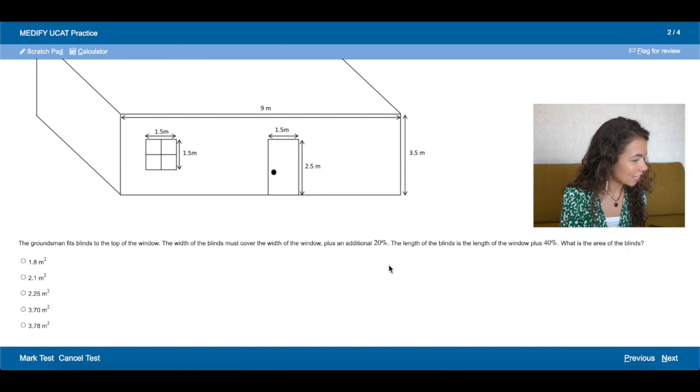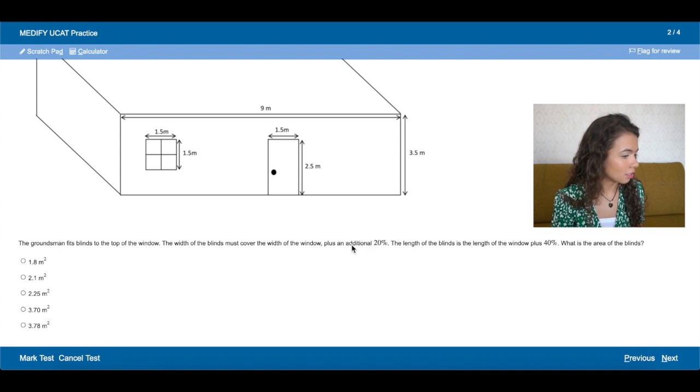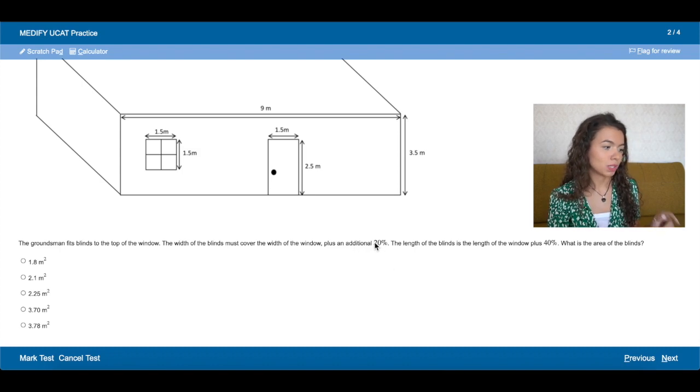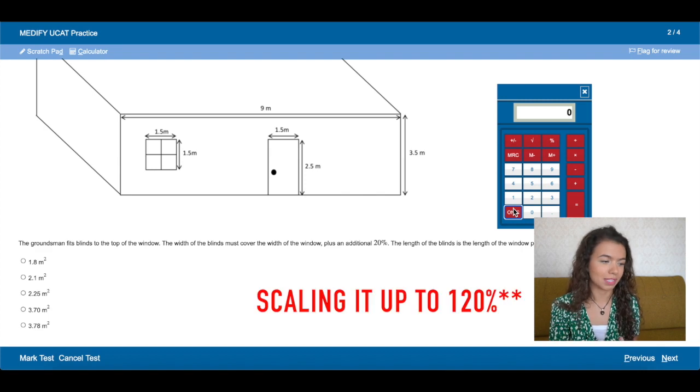The next question is, he wants to fit blinds at the top of the window. The width of the blinds must cover the width of the window plus an additional 20%, and the length is the length plus 40%. Okay, so this is now a percentages question. As we can see, it's a square window, so the measurements are 1.5 by 1.5, and the width has to be an additional 20%. So I'm going to multiply the 1.5 by 1.2, as if you're multiplying it by 120%.